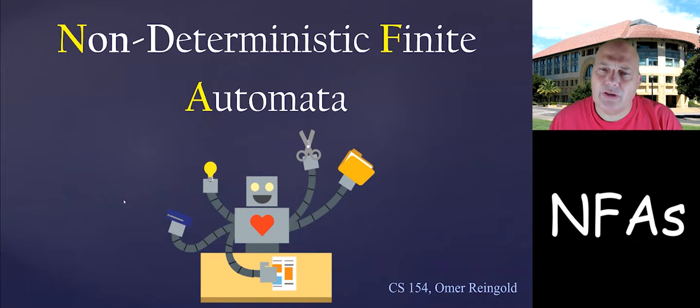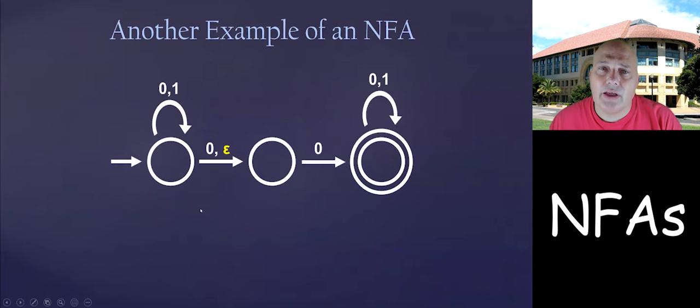So before we formally define NFAs, let me give you another example of an NFA, and this will allow me to introduce another component of the definition of NFA. So this is a machine with this start state, and you can see that from the same state there is more than one transition with 0, whereas from this state there are 0 transitions with 1.